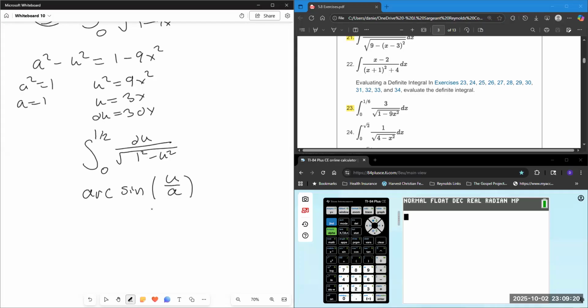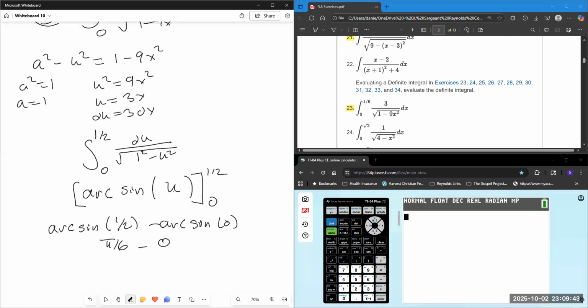This is going to be u over 1, and u gets evaluated from 0 to 1/2. It's going to be arc sine of 1/2 minus arc sine of 0. Arc sine of 1/2 is pi over 6 minus arc sine of 0 is 0. So that should give me pi over 6 for my answer.